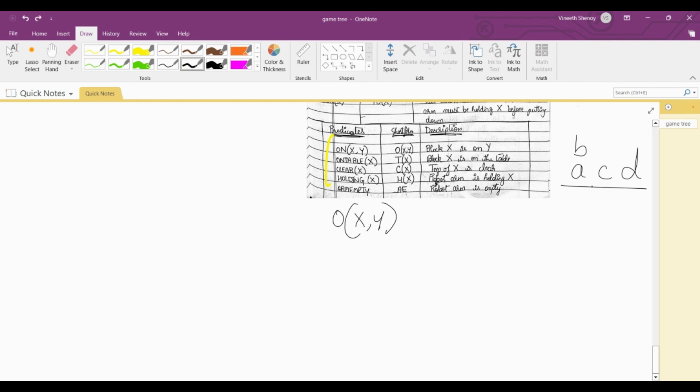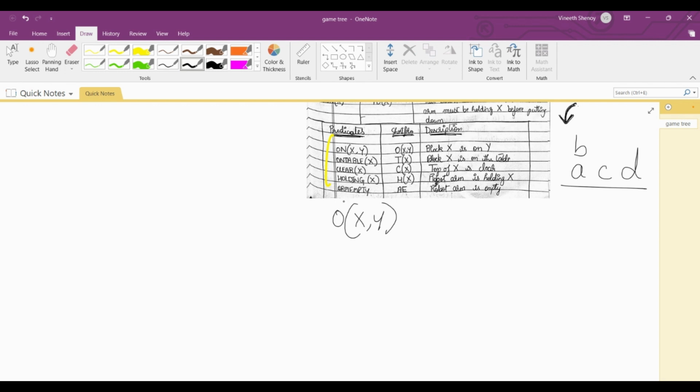This line over here is the table. B is over A, C and D are on the table, A is on the table. The top of C and D are clear. And then in a block world problem, you'll also have something called the arm, a robot arm.